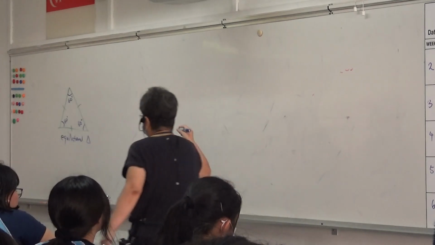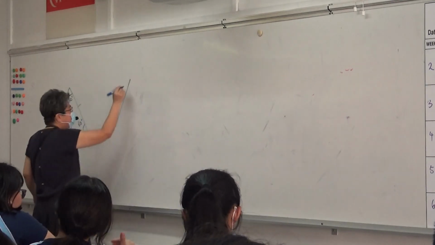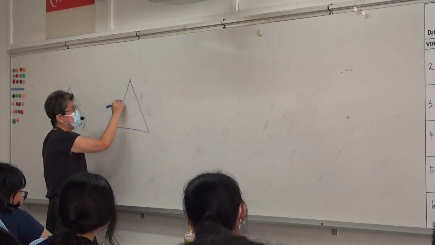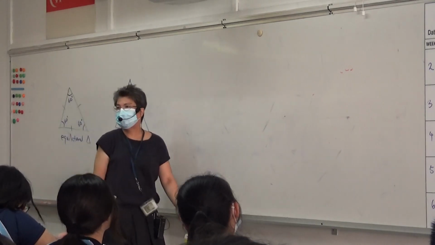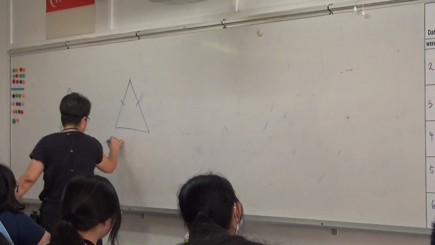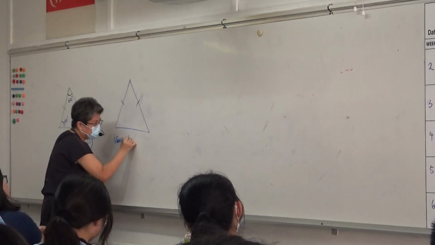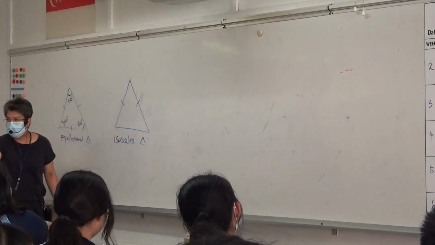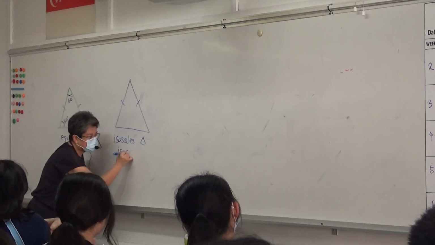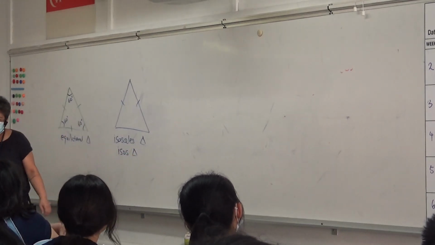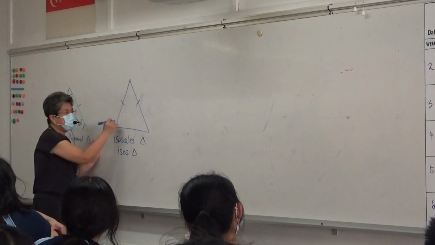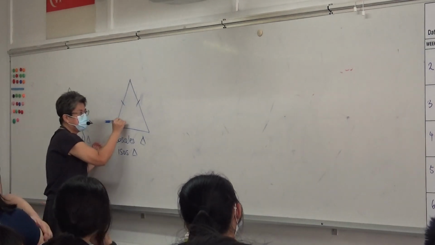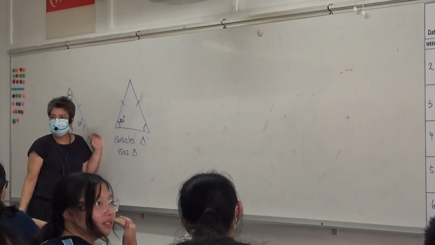Now, what if I have a triangle with only two sides equal? Yes, isosceles triangle. Short form is this, isosceles triangle.